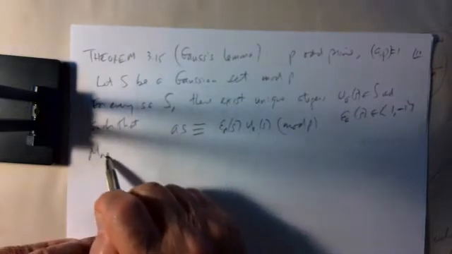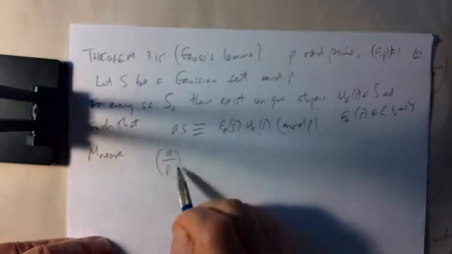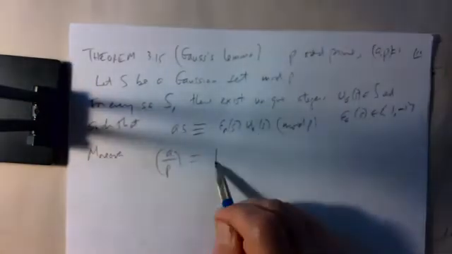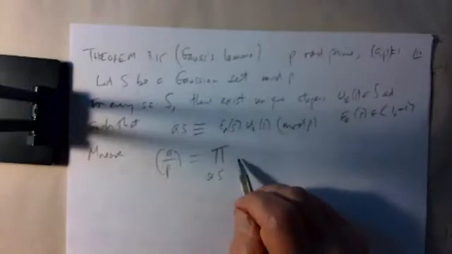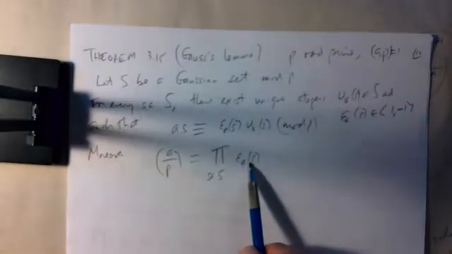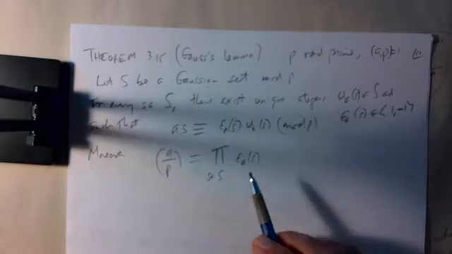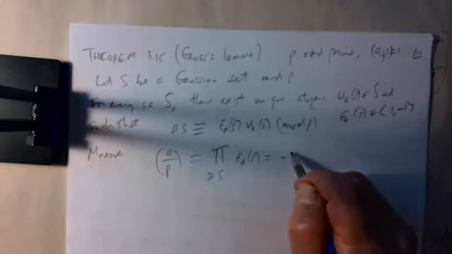And here is the important statement. Moreover, the Legendre symbol a over p, which tells you whether or not a is a quadratic residue mod p, is the product over all the s in S of these plus or minus 1 signs, epsilon sub a of s. Each of these numbers is 1 or -1, so the product is either +1 or -1.